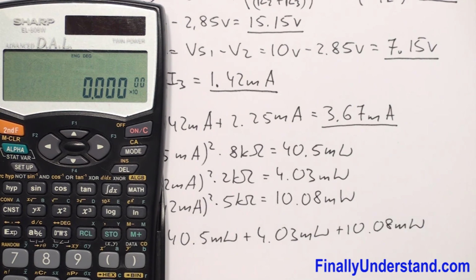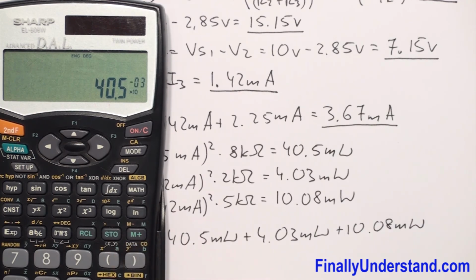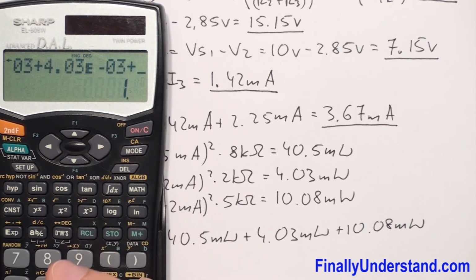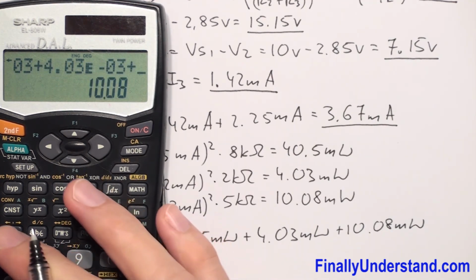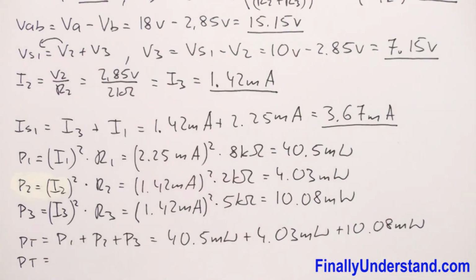So P total is equal, we have to add these powers together. So we have 40.5 times 10 to the negative 3 plus 4.03 times 10 to the negative 3 plus 10.08 times 10 to the negative 3. This is equal 54.61 milliwatts.